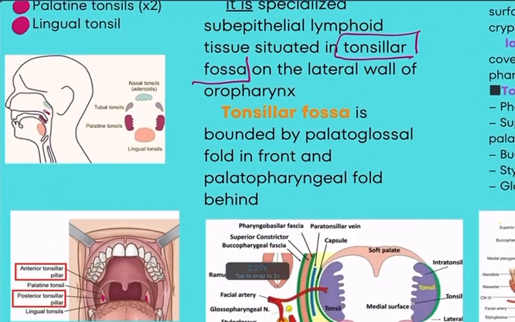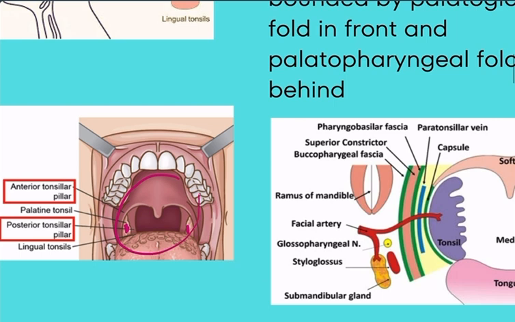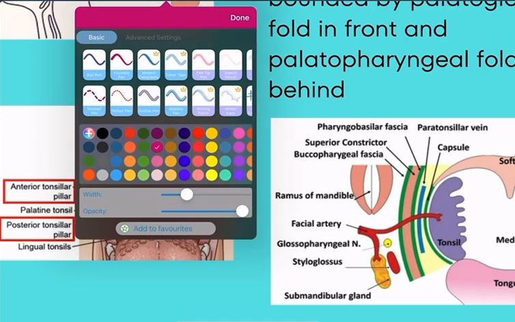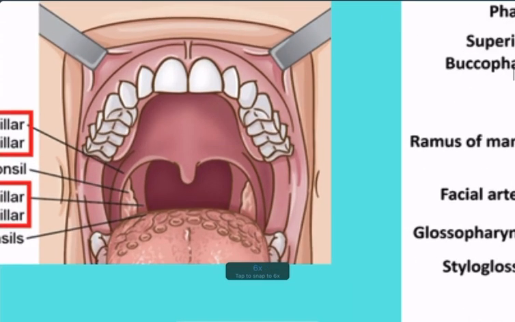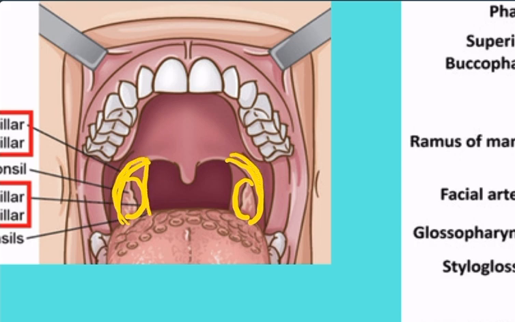So here is the oropharynx, and here is the pocket-like structure which contains this almond-shaped structure, the palatine tonsil. This is called the tonsillar fossa. It's just a pocket-like structure.